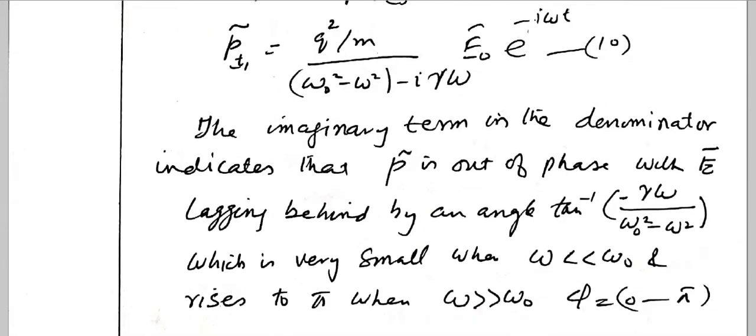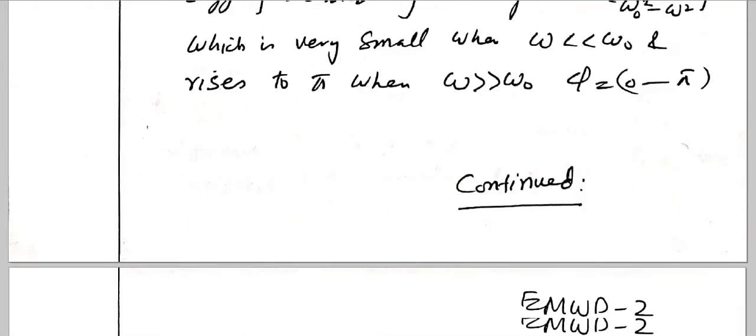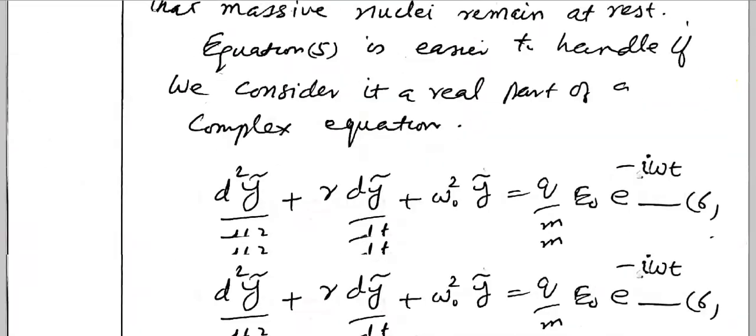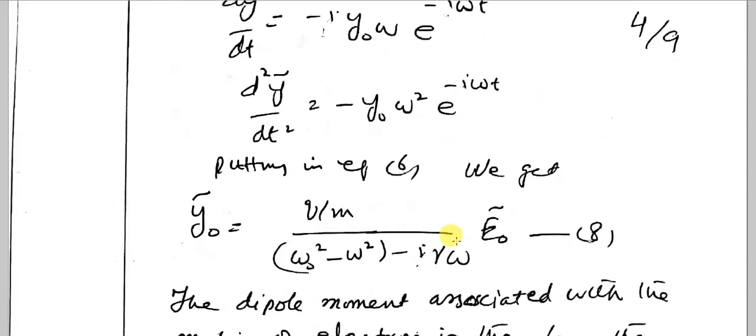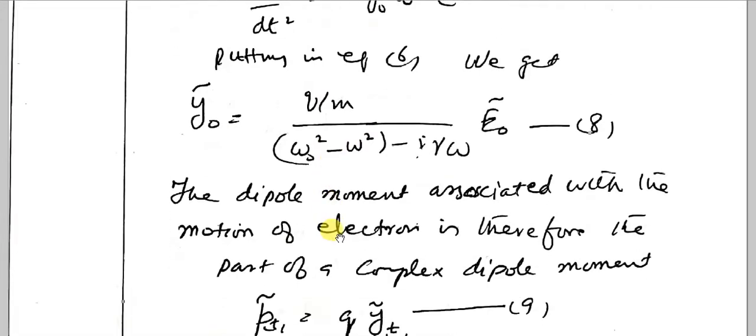So putting those values, we get y naught, and the complex dipole moment is given by this relation.